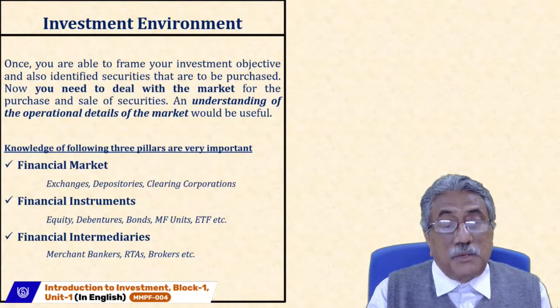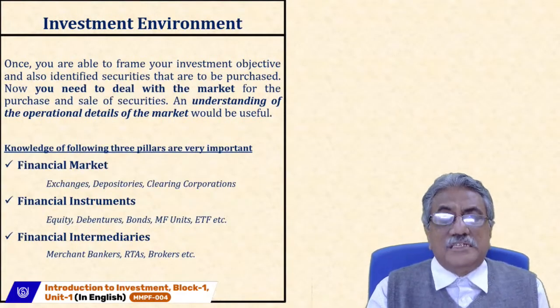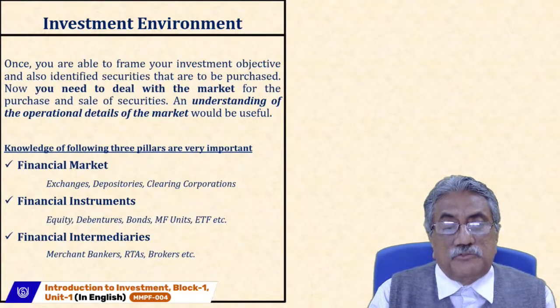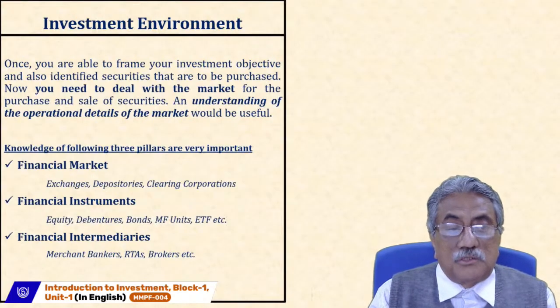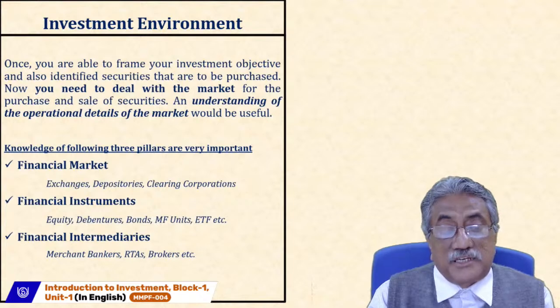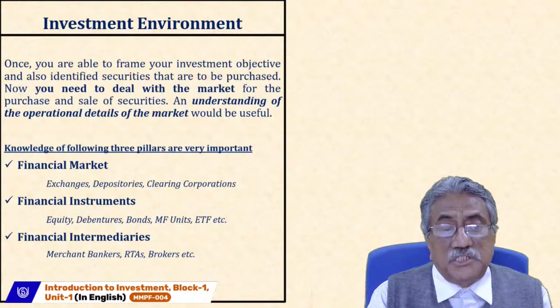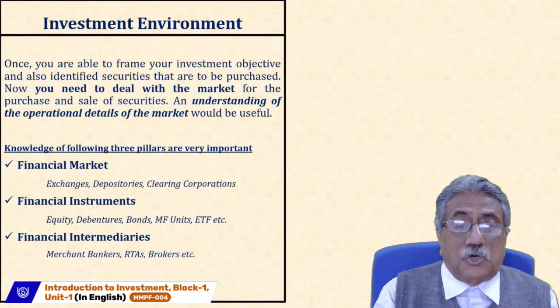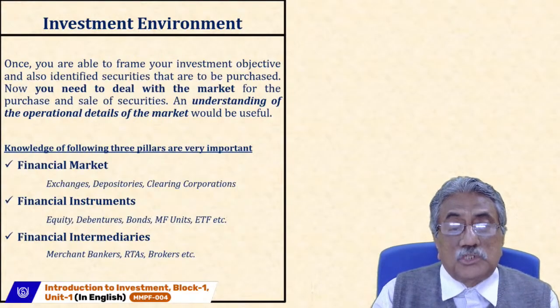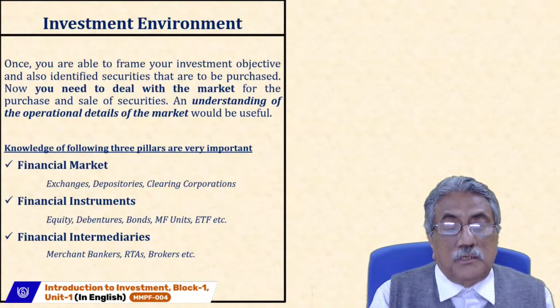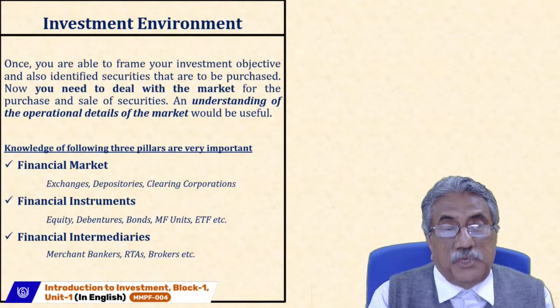so that some people also get the benefit of your growth. So this role is done by merchant bankers, and RTA means registrars and transfer agents who maintain the registry of who the shareholders are. And when you sell and buy a stock, the transfer activity is taken care of by these RTAs. So these are the different intermediaries. A broker has sub-brokers, an authorized person, who works on behalf of the broker, and they are all to be registered with SEBI.